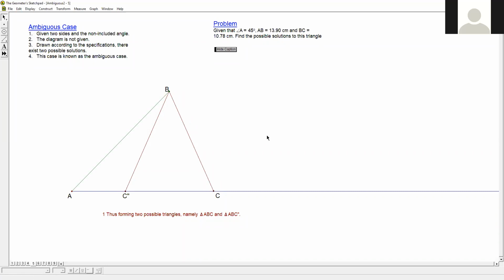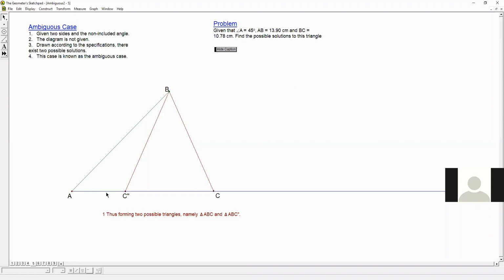So there is a difference. The acute angle will produce a very big triangle ABC. The obtuse angle will produce a very narrow triangle like this. So far, any questions?